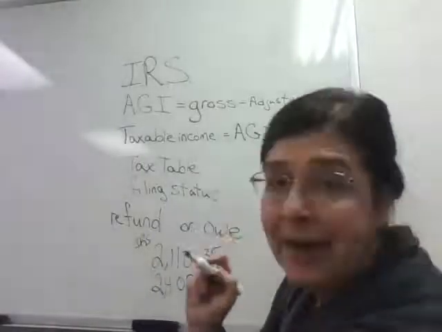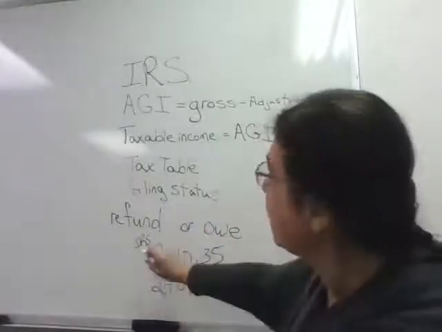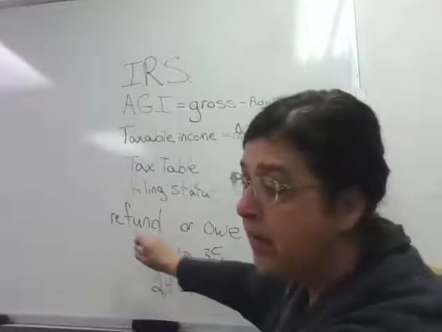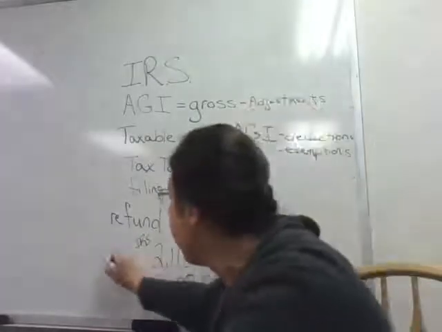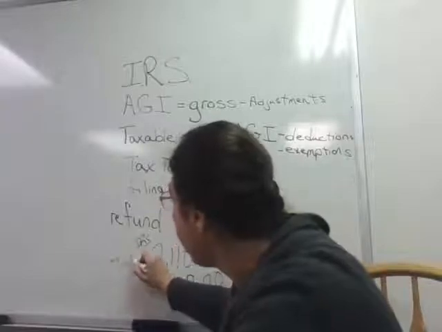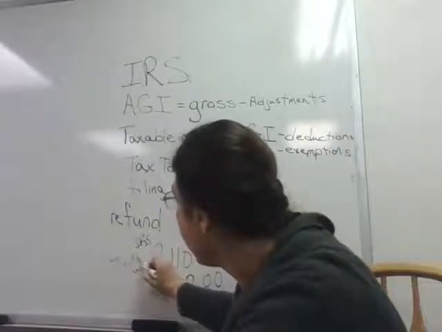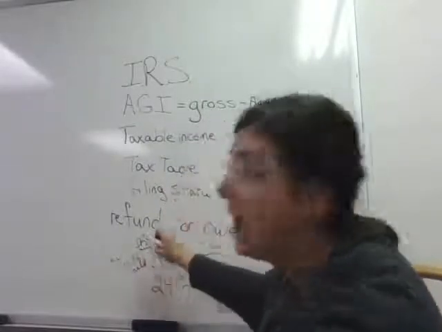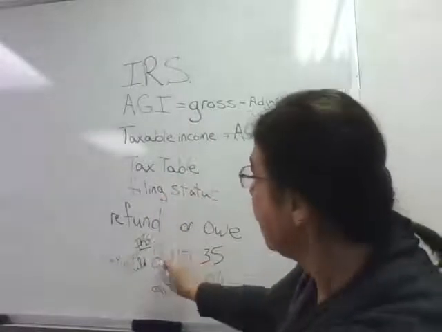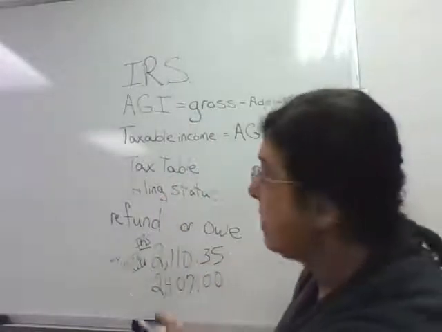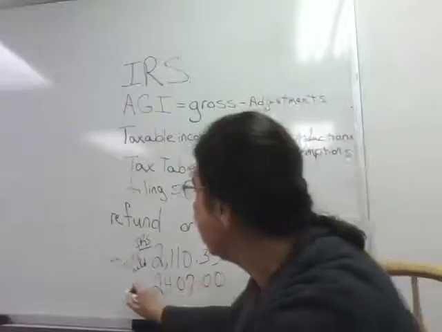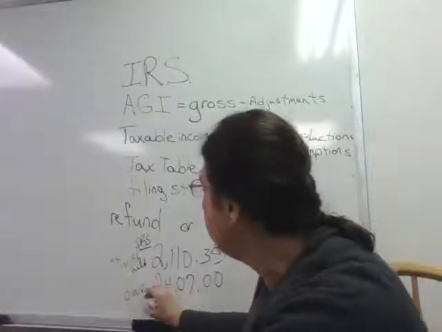If you plug it in every time as the tax withheld is the money that the IRS already has, plug that number in, then subtract how much I really owe.